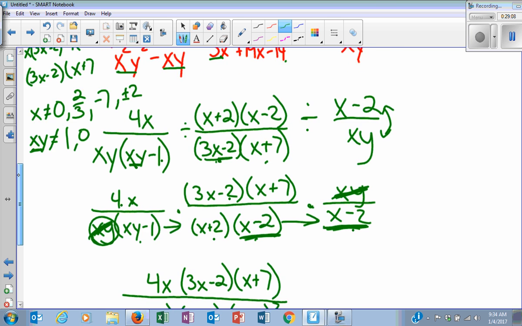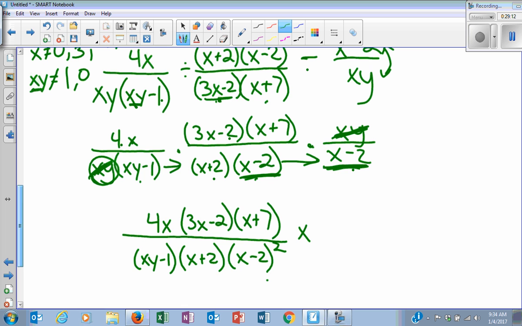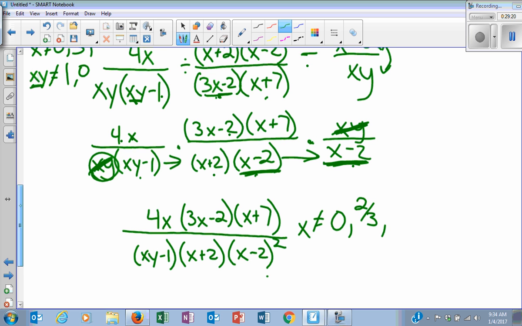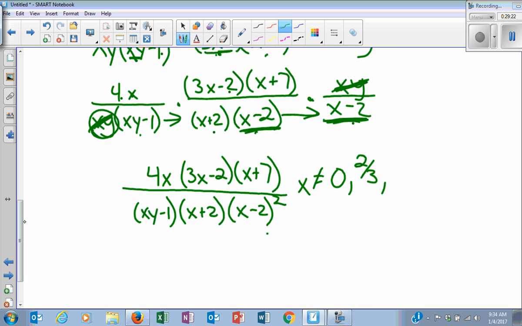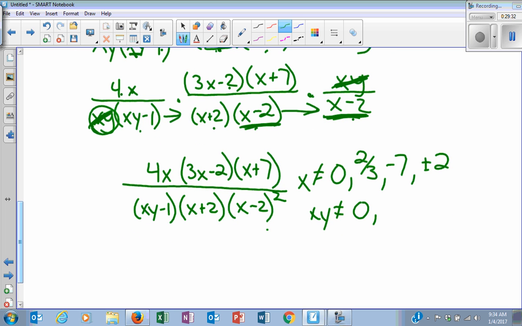And then I put all my restrictions, which are x is not allowed to equal 0, 2/3, negative 7, plus or minus 2. So x has a lot of restrictions. And also, xy is not allowed to equal 0 or 1.